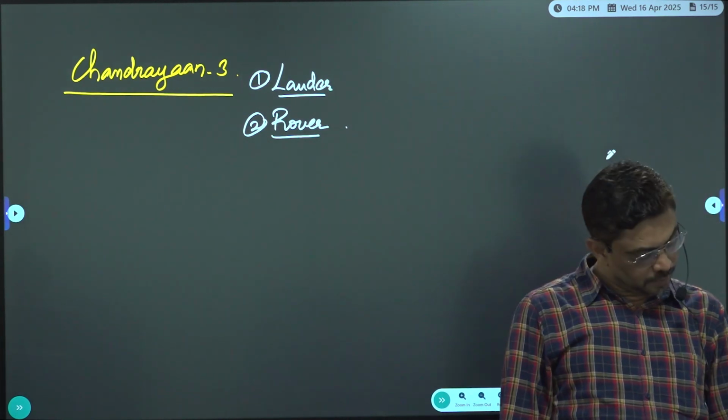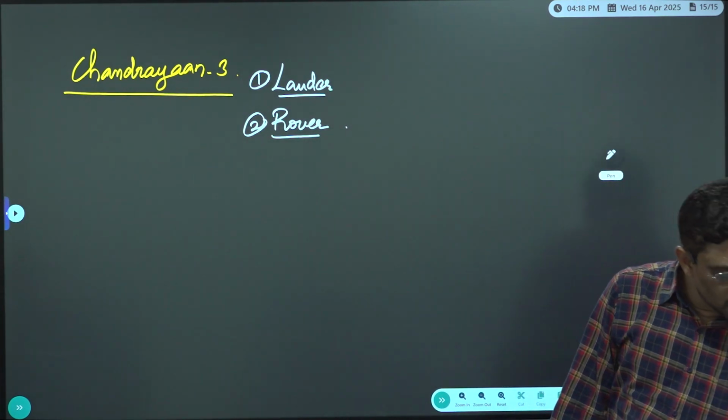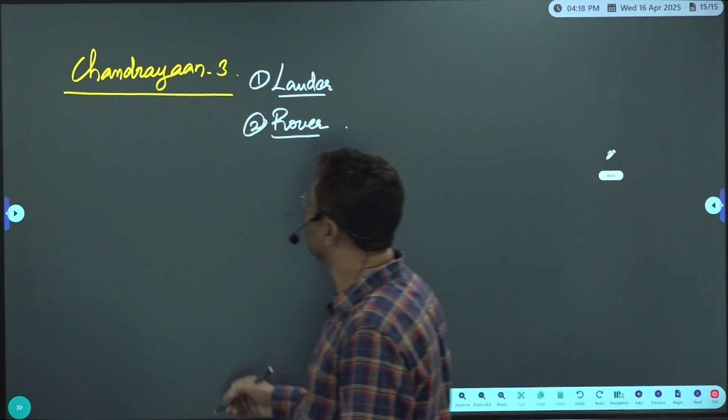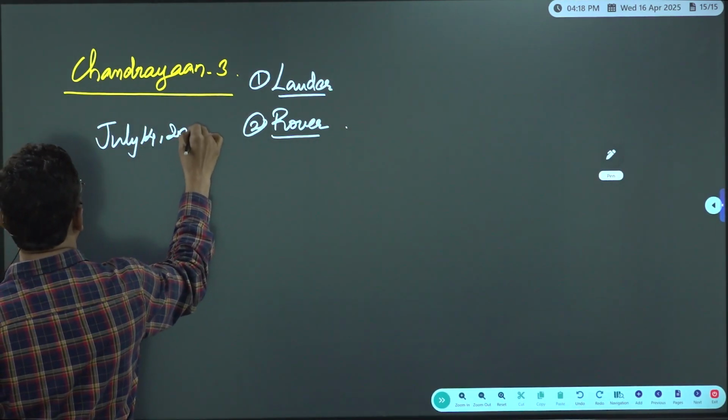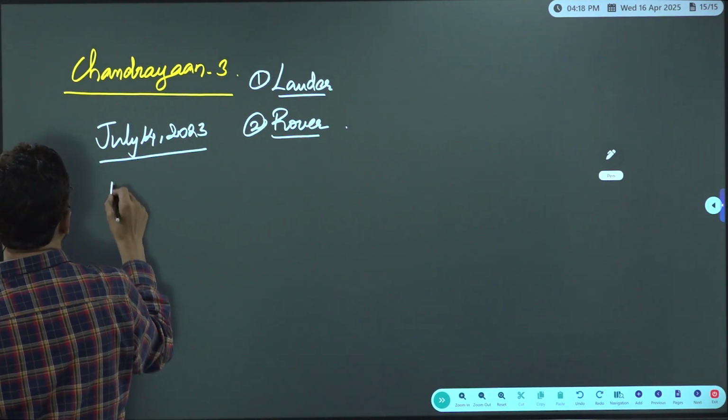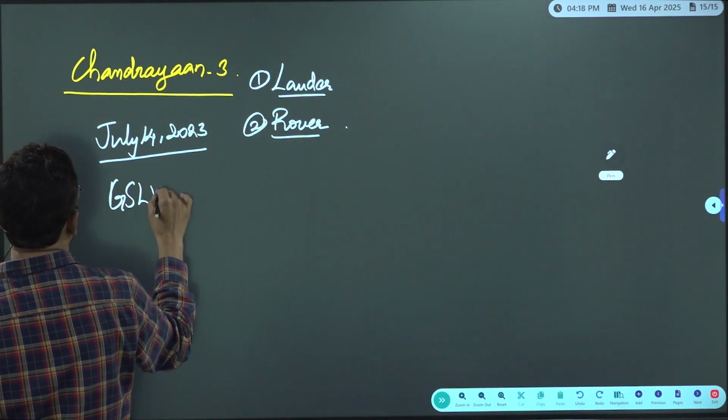Chandrayaan 3 was launched on July 14th, 2023 by using GSLV Mk3.